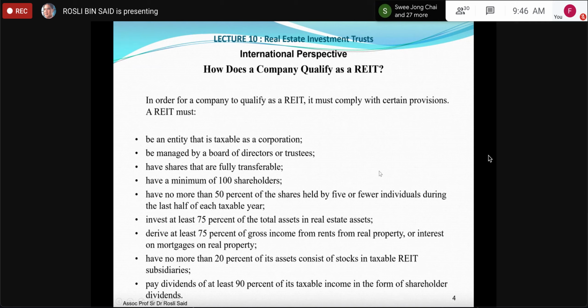So basically, we will see the difference between US REITs, because US REITs started in 1960. I was not born yet, and the same with you. So they started already. The US is the first country that offered REITs, and then it was followed by other countries, including Malaysia.